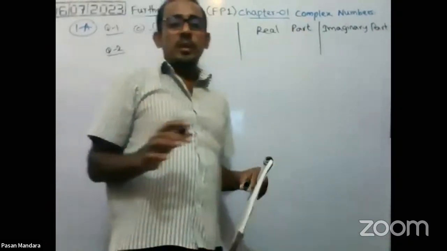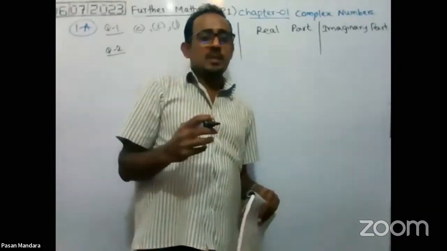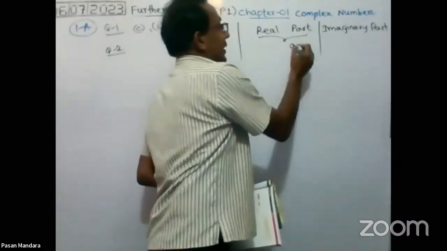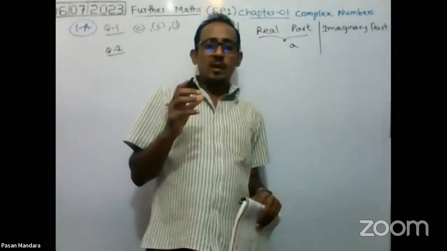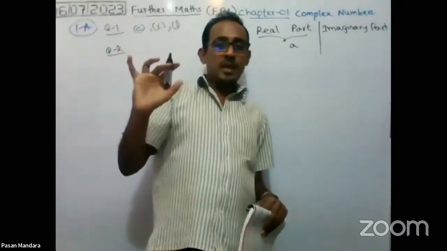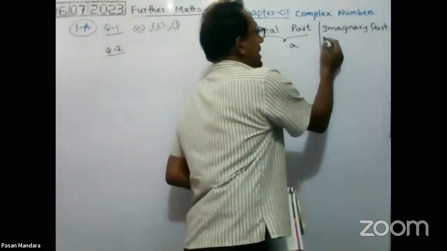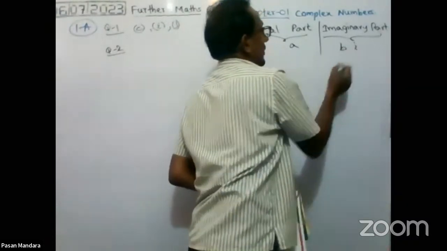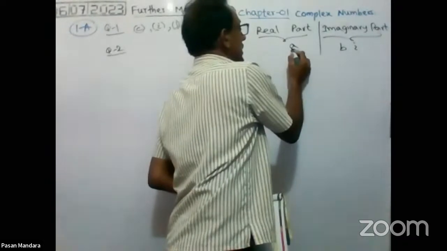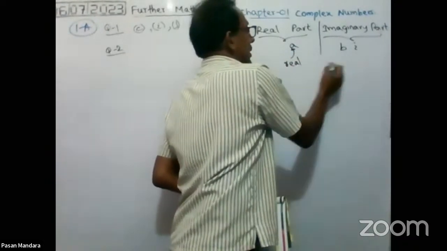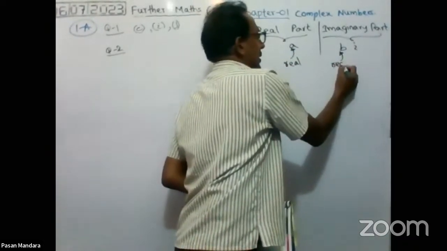Now we divided into real numbers and imaginary numbers. The real part, say a. The imaginary part always comes apart from that i, minus 1 square root; the other part is real again. So this is bi. This is also real.